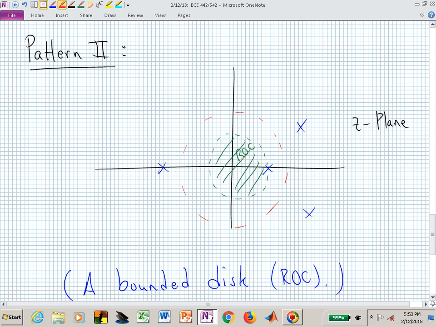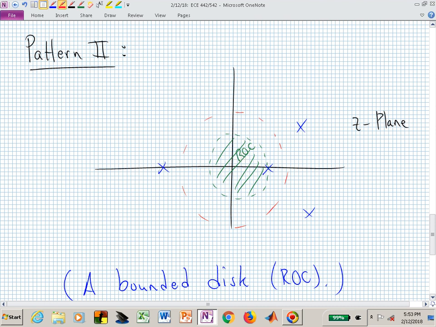But let's say that red hashed is the unit circle. Now I have some poles that are inside the unit circle, some poles that are outside. Forget that for now. We're just finding the region of convergence. So these are independent relationships. We can have a region of convergence whether our poles are inside, outside, or anywhere relative to the unit circle.